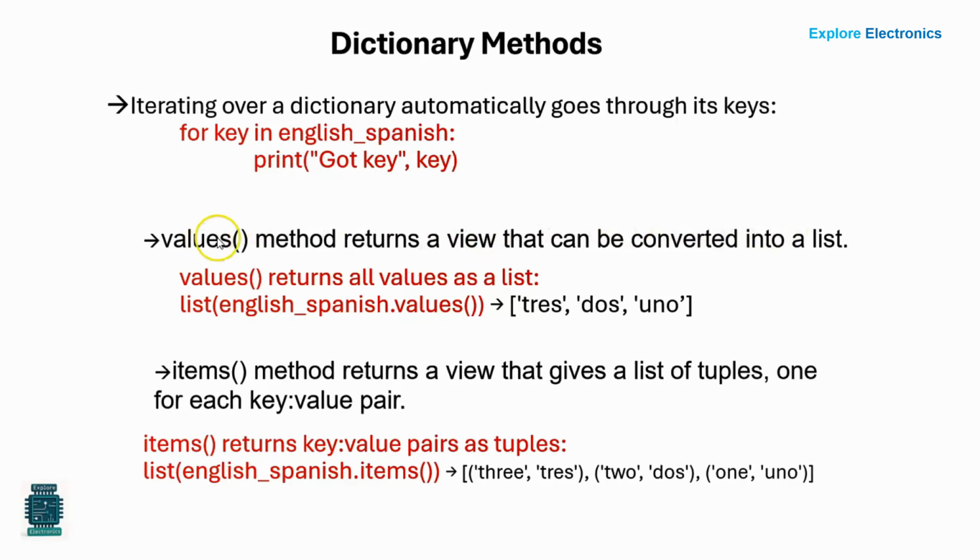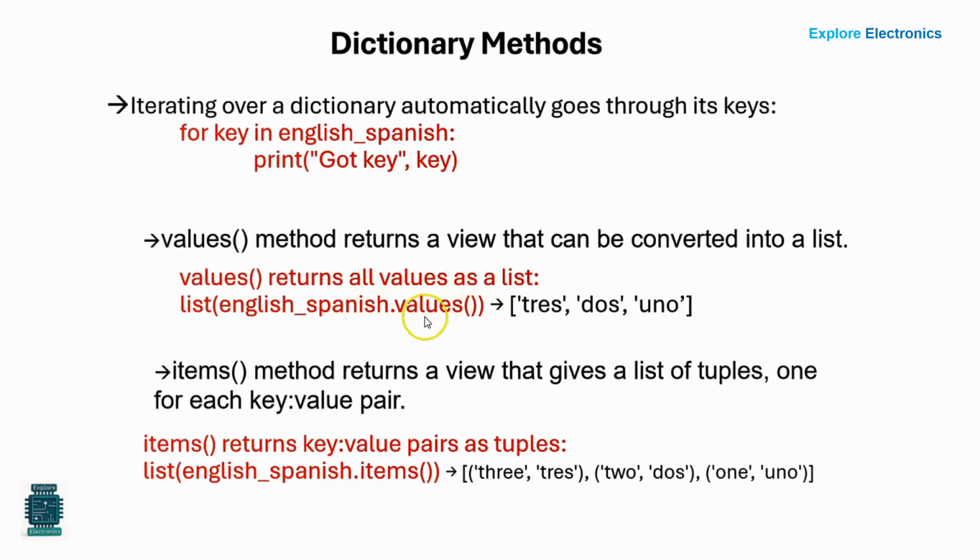After that, the values method returns a view that can be converted into a list. For example, if I use the values method, it will return a view that can be converted into a list. Values returns all values as a list. I am taking list English Spanish dictionary dot values.